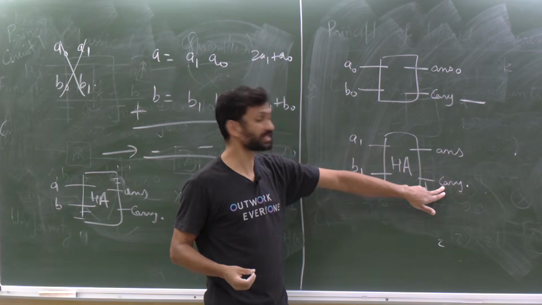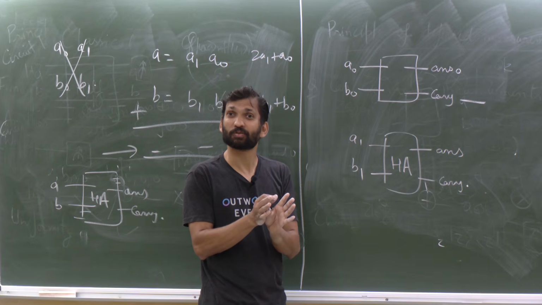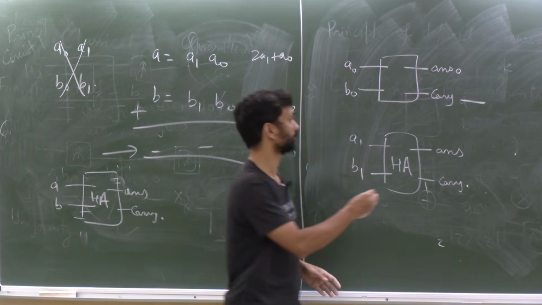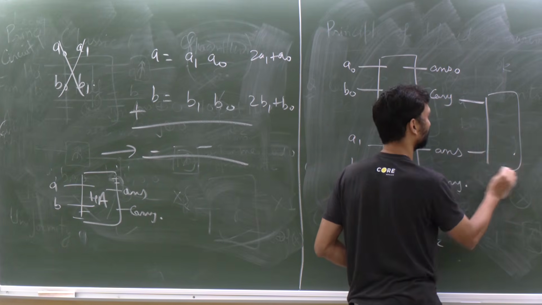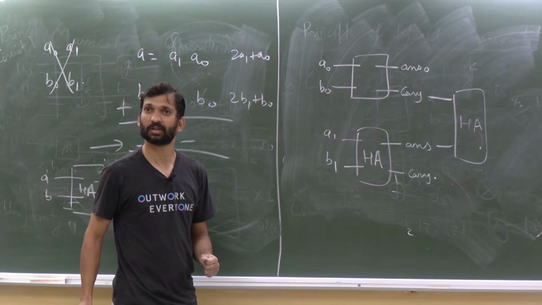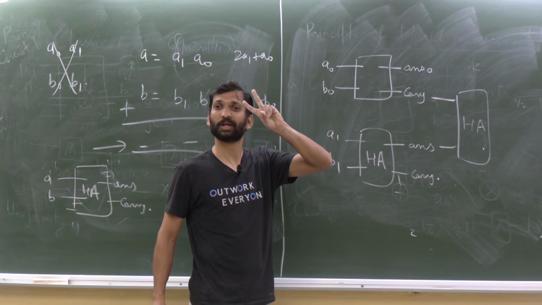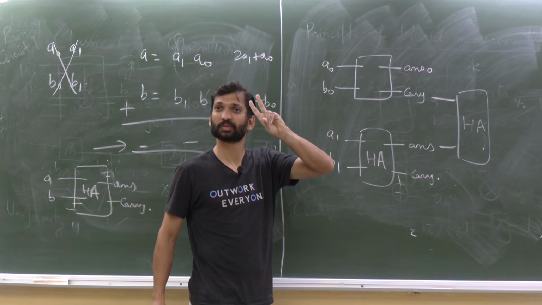So this number has nothing to do with the second bit of the answer. These two are both multiplied by 2. Correct?